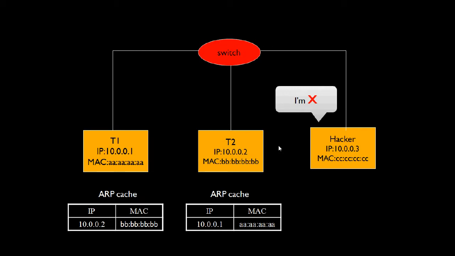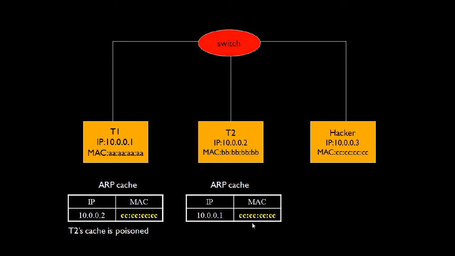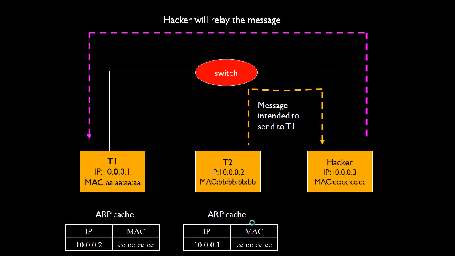Now the hacker has spoofed the ARP cache of T1 and T2. All the information that travels between T1 and T2 now passes through the hacker's system, and the hacker can easily access the secret information or any data passing between these two systems.